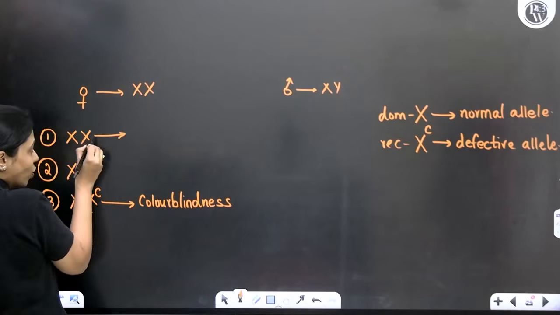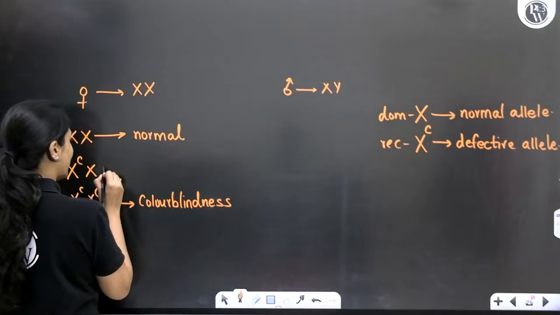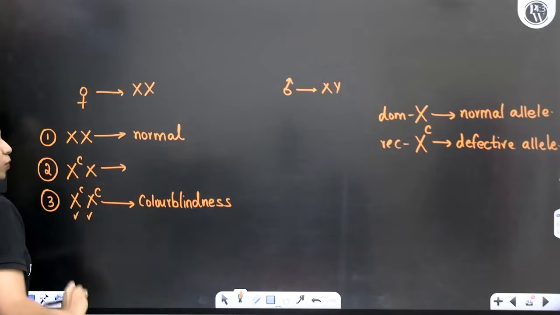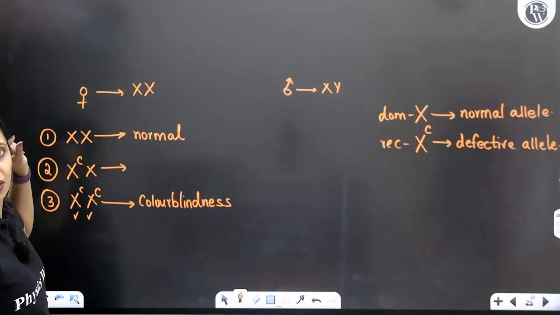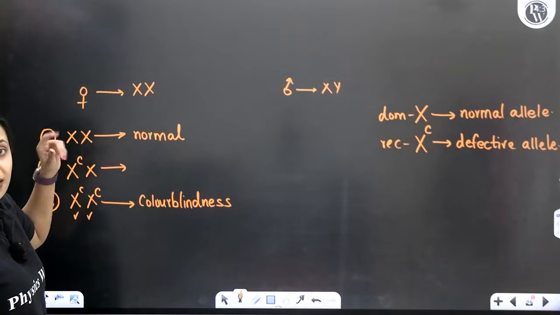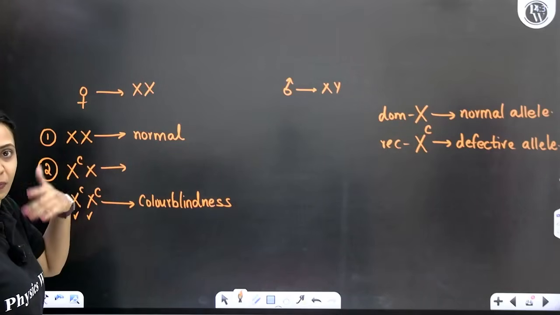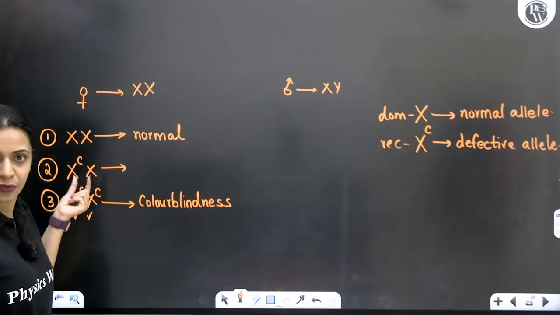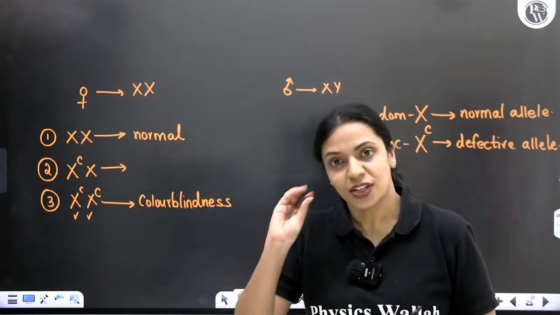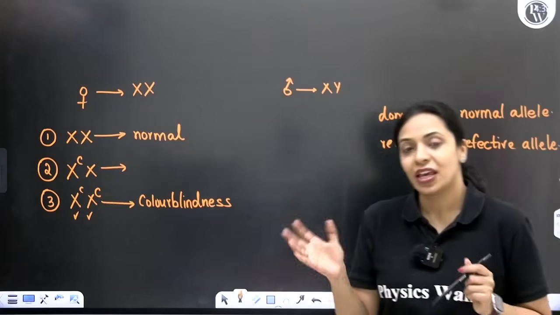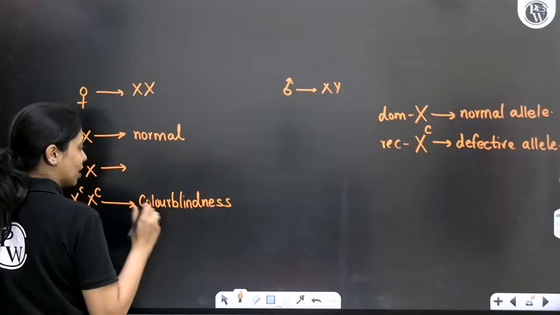This woman has both normal alleles, so obviously she is normal. What about this woman? She has 1 normal allele, 1 defective allele. Because of the presence of a defective allele, there could be some cones that are not normal. But she also has a normal allele which will make up for it. Because of the presence of this normal allele, some cones will be proper, right? With just those, she will have the ability to distinguish between color. So she herself is not color blind.